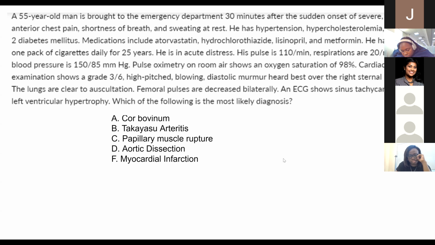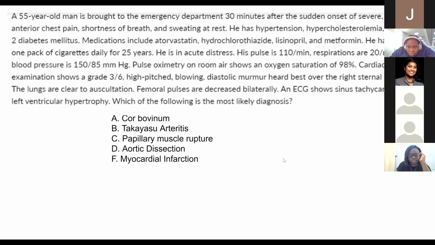ECG, this is what really should have helped you guys figure out it's not F, but it's D. ECG only shows sinus tachycardia and left ventricular hypertrophy. What would we see on an ECG for an MI? It could be either a STEMI or a non-STEMI, but mainly for MIs we are more concerned with STEMIs. If someone has an MI, they're not going to be seeing just sinus tachycardia.